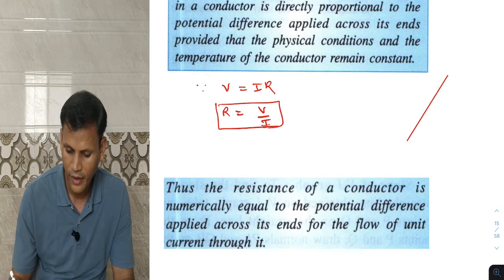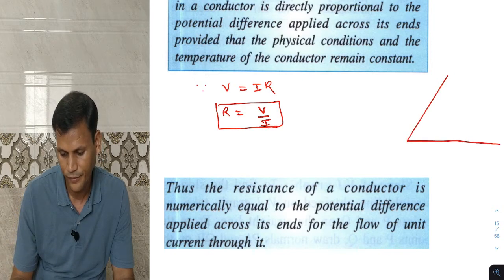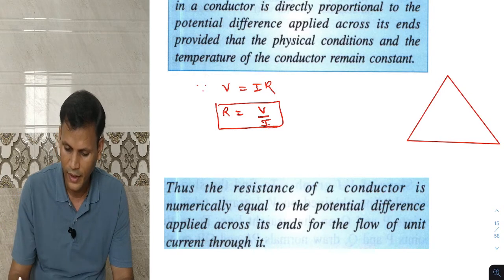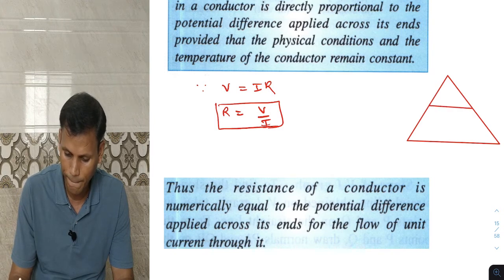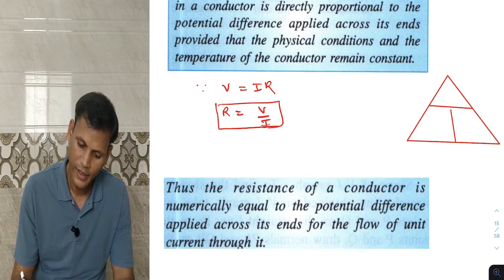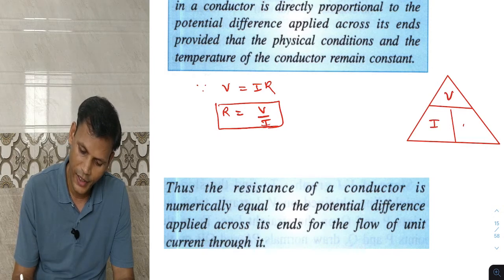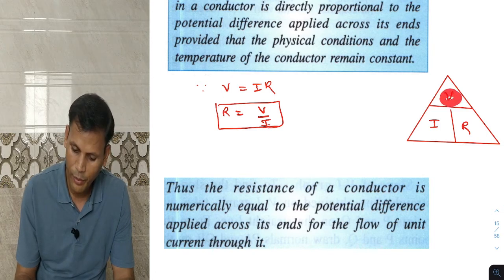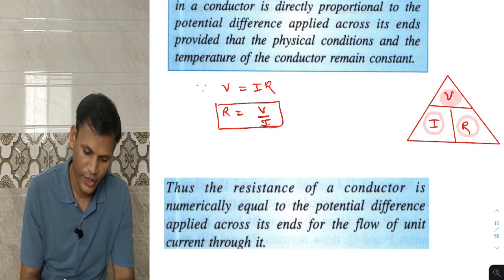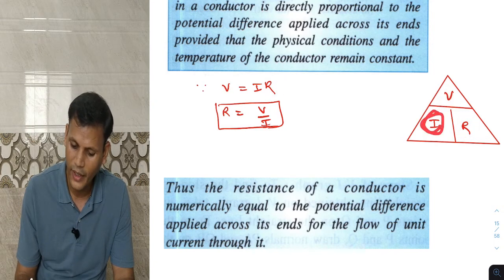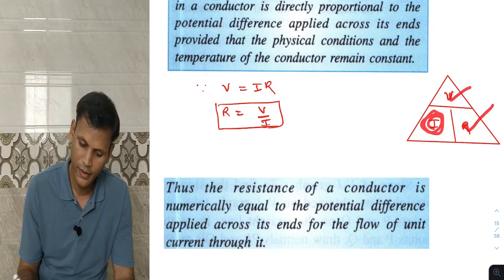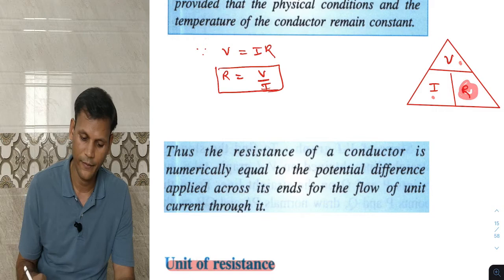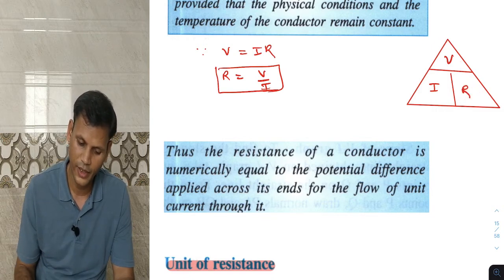This triangle will help us learn the formula easily. I will write V, I, R. If we have to calculate V, then it will be I into R. If we have to calculate I, then it will be V by R. And if we have to calculate R, then it will be V by I. So all the formulas we can write from here. This is Ohm's law.